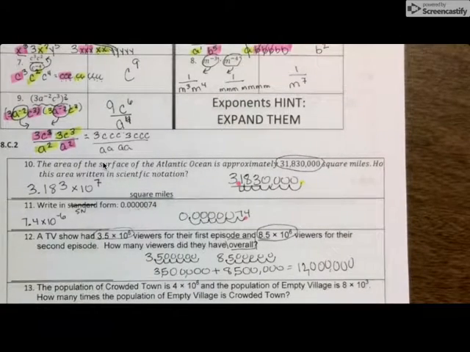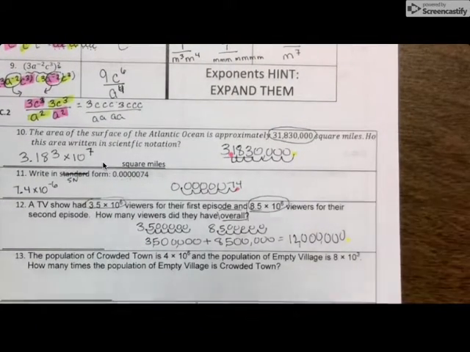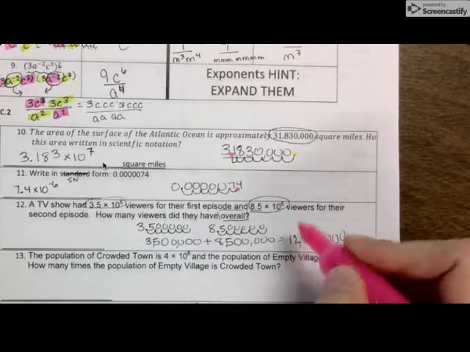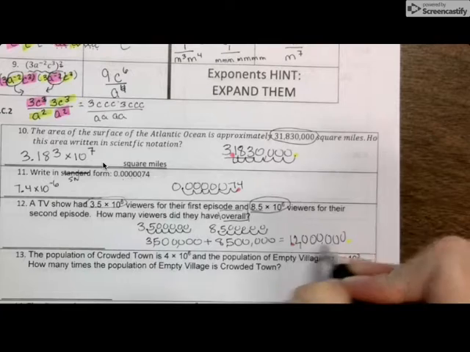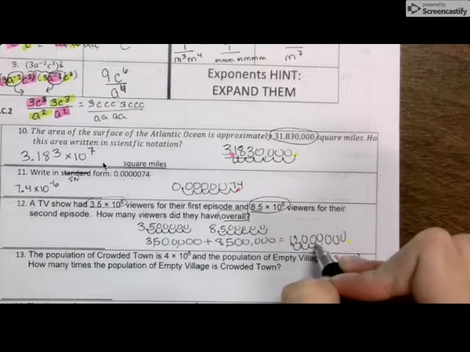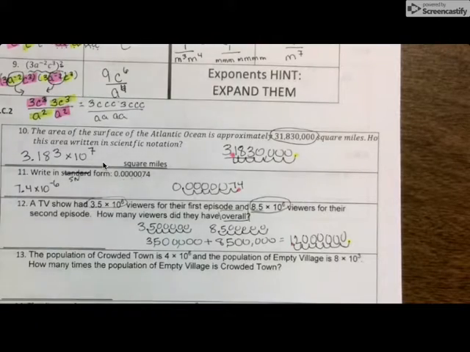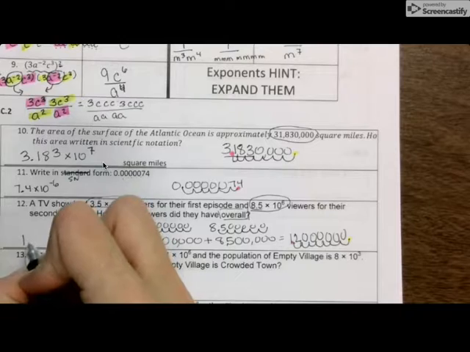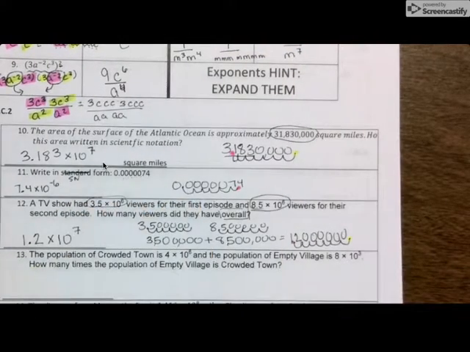Now we're going to use exactly what we used before. The decimal, you don't see it, which means it is here. Where do I want it? I want it here. So from here to here, I go 1, 2, 3, 4, 5, 6, 7. So I get 1.2 times 10 to the 7th.